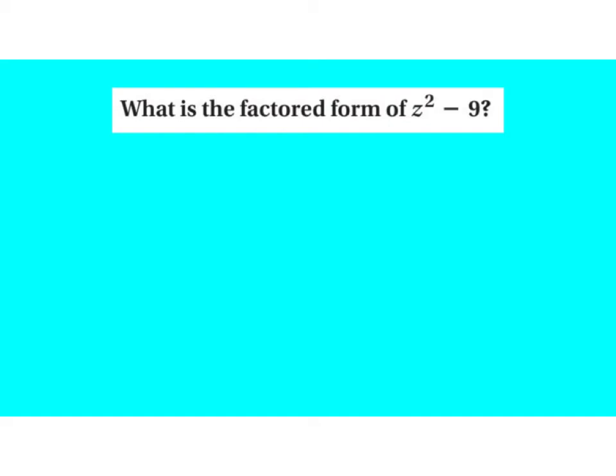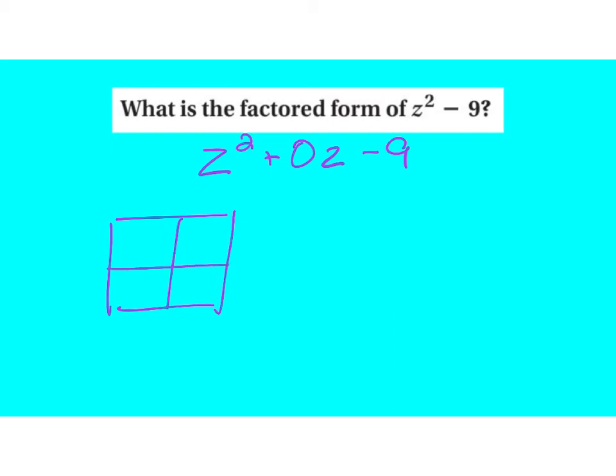All right, so here's one of those special cases. If you notice, we're missing that middle term, so we're going to create it. And if you remember, we would essentially cancel it out or have a value of 0. So when we look at this, we can go back to the drawing board to create our box and our X puzzle.